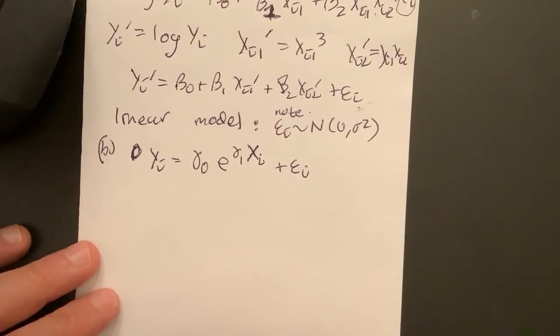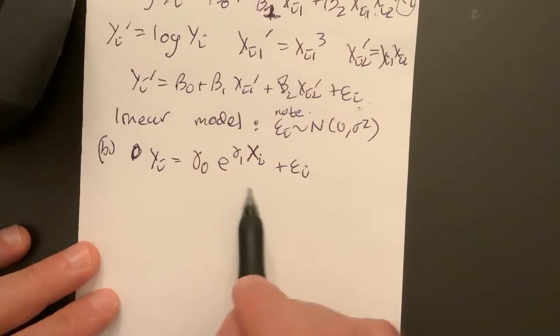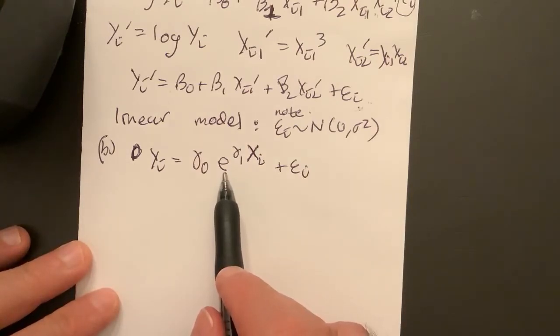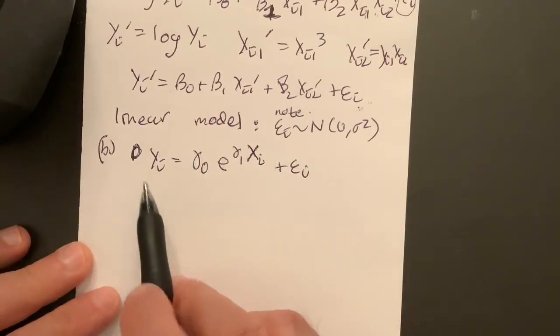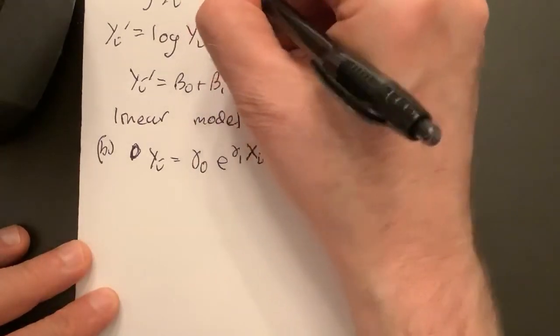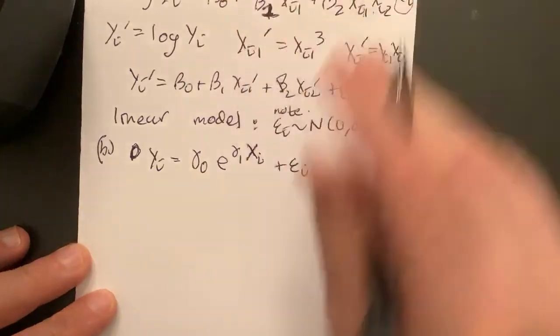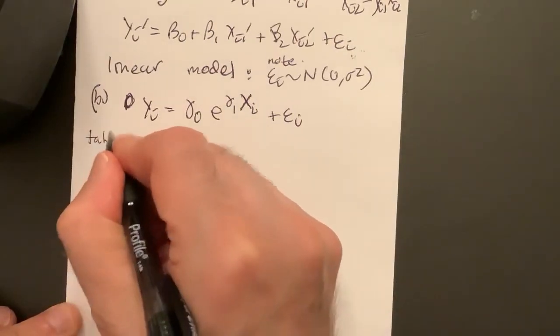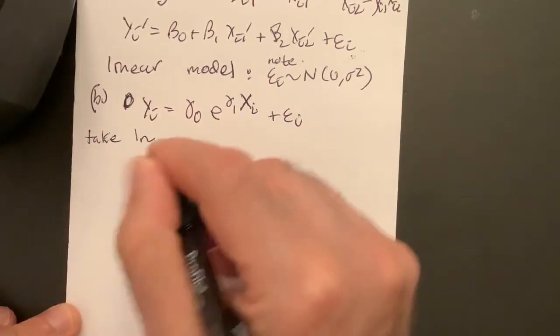So in this case, can you write it as a linear model? So we could try. One thing I know is if I take the log here, this will separate out. So try taking the log. So is it linear? So these are examples, linear versus nonlinear. Okay, so if I try to take log of each side, that's going to give me an equality, right?